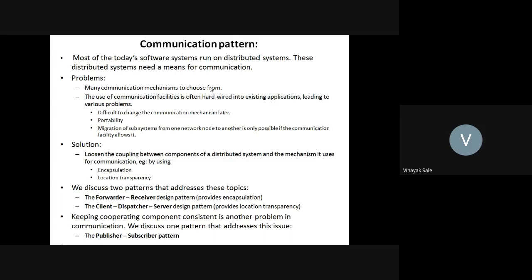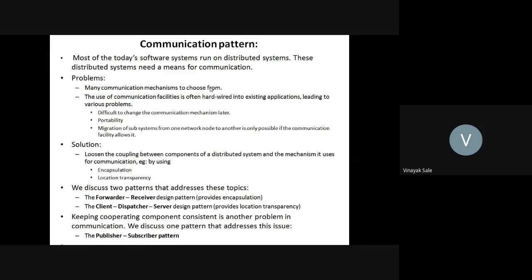What is the solution regarding this? Loosen the coupling between components of the distributed system and the mechanism it uses for communication, for example, by using encapsulation and location transparency.